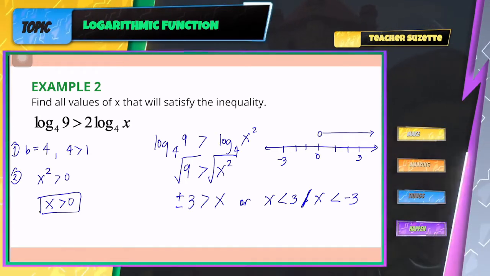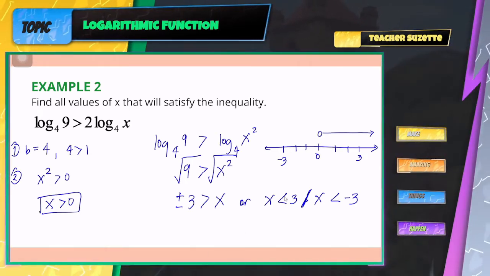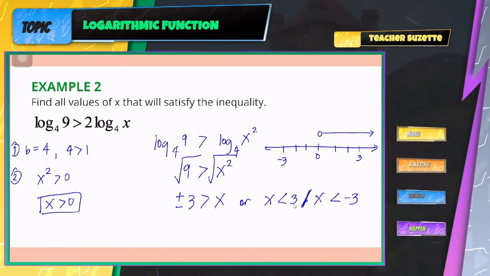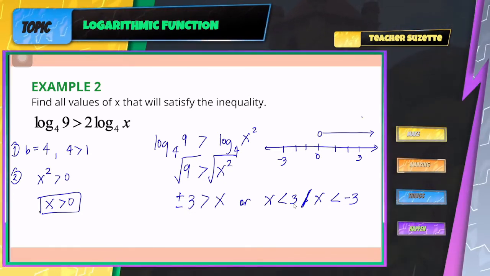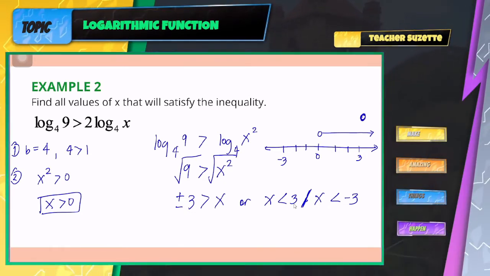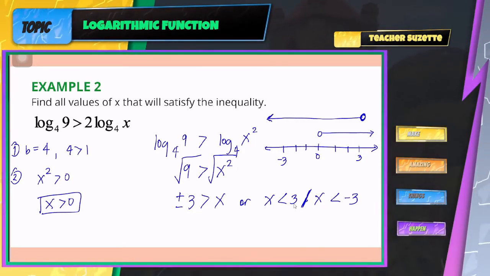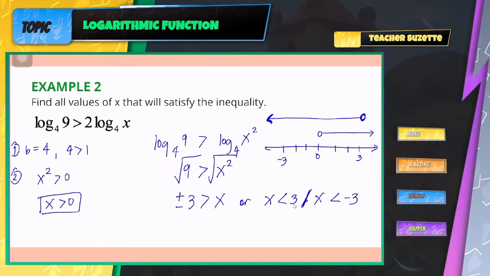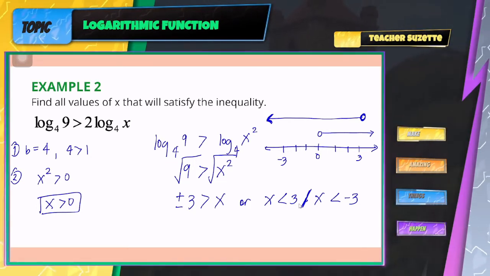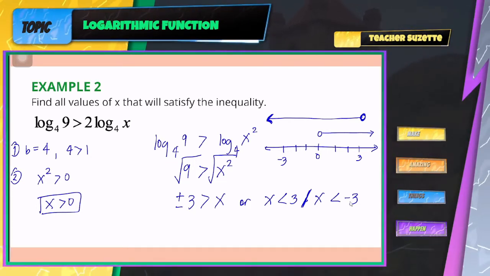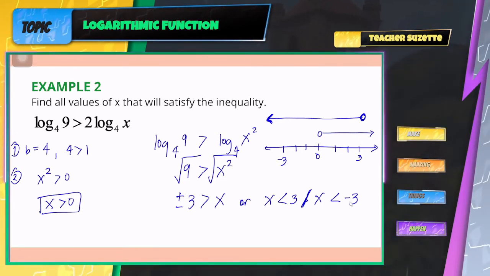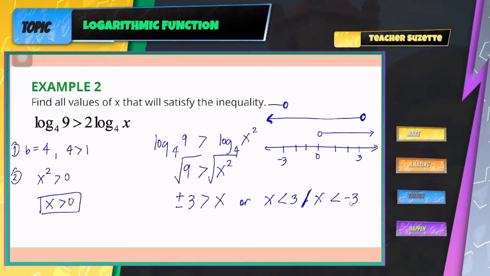Now, when our x is less than 3, so from here, papuntang negative infinity. Ayan. Ito daw po yung other solution. And we also have when our x is less than negative 3. So, from our negative, papuntang negative infinity.